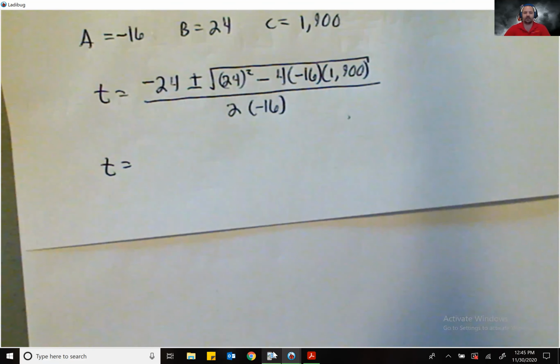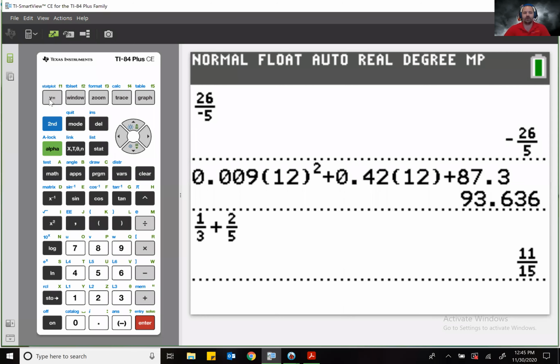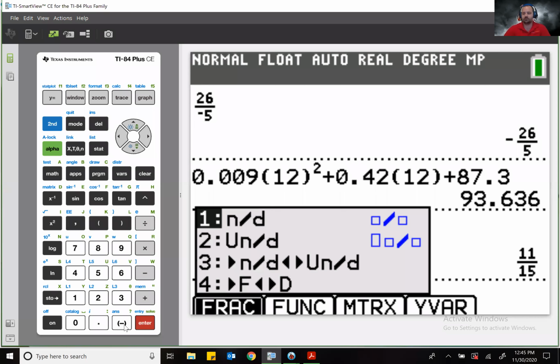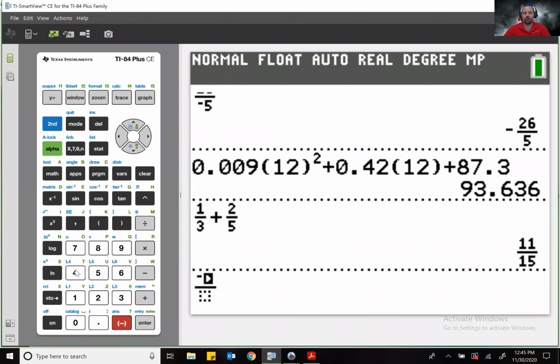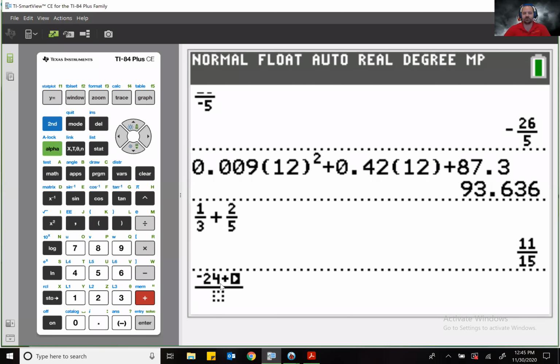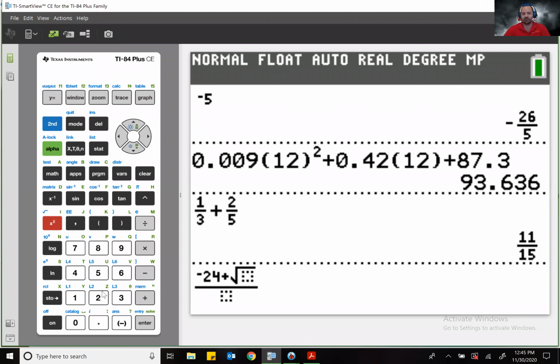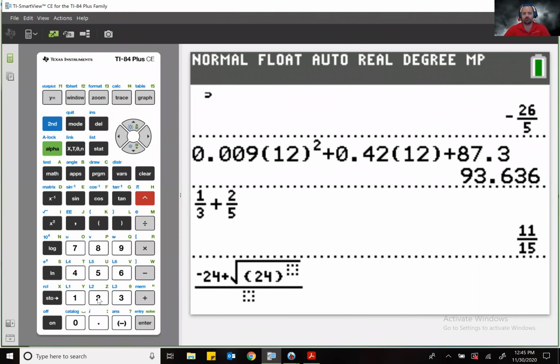So I'm going to go to my calculator. I'm going to hit alpha y equals, negative 24. I'm going to do a plus first because I can't put plus or minus in here. It will confuse the calculator. Hit my square root key. Then it's parenthesis 24, close it, and it's squared.